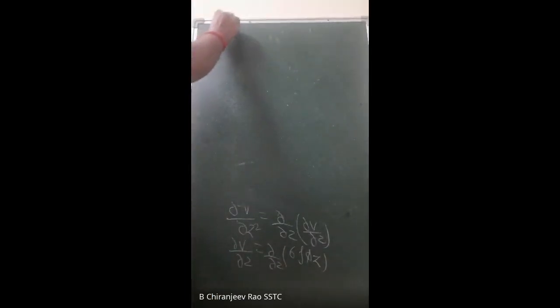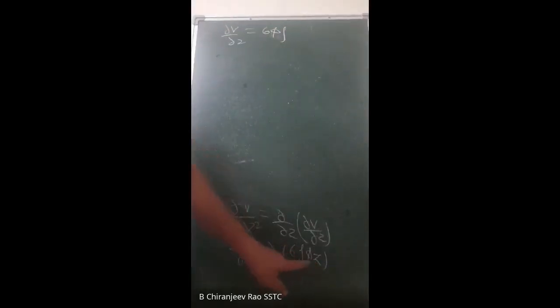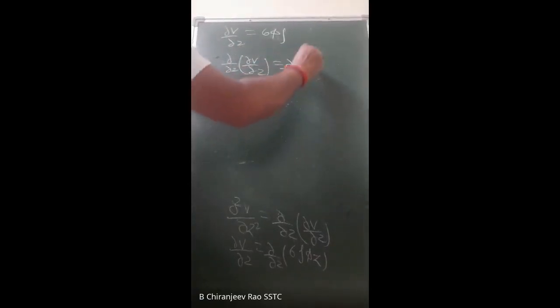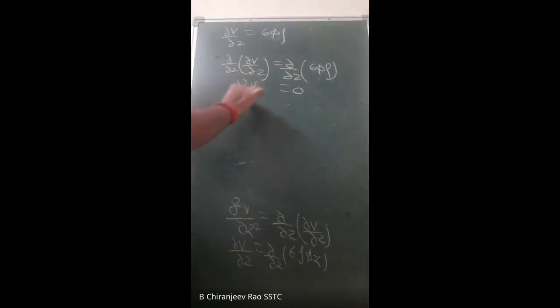So del V by del z is equal to 6 rho phi. Then we have to find del square V by del z square, so differentiation of del V by del z with respect to z. There is no z, so this will become 0. So del square V by del z square is equal to 0.